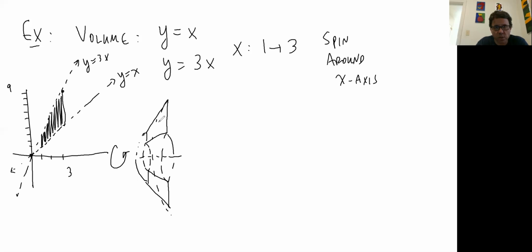We have another big circle on the end. So the volume is like this outside part, and you have a hole down the middle.